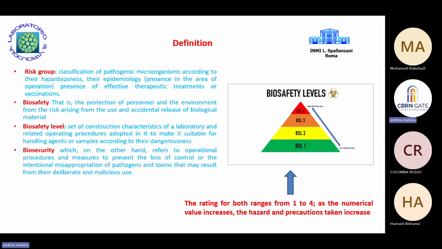The classification of biosafety level is built on risk group, because a pathogen of risk group 1 is not worked on in a level 4 laboratory, but a pathogen of risk group 4 you work on in BSL-4.